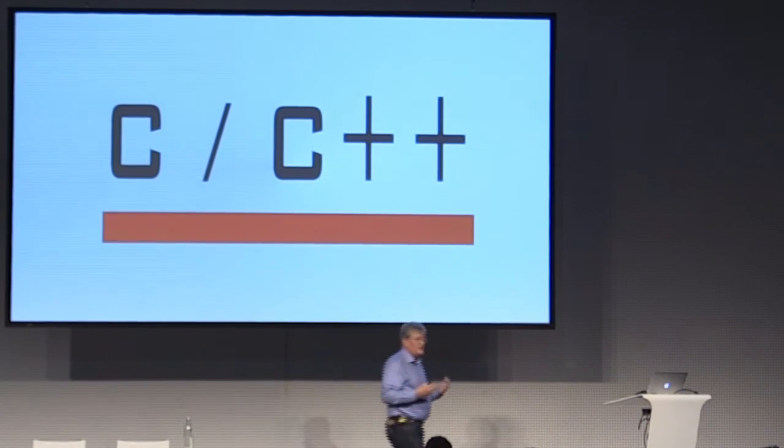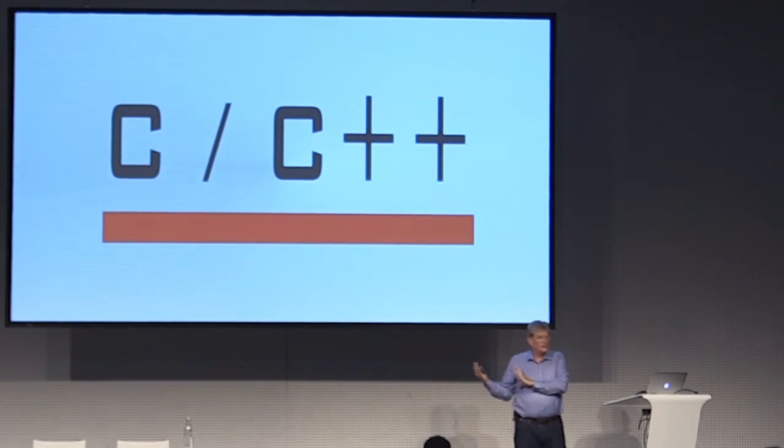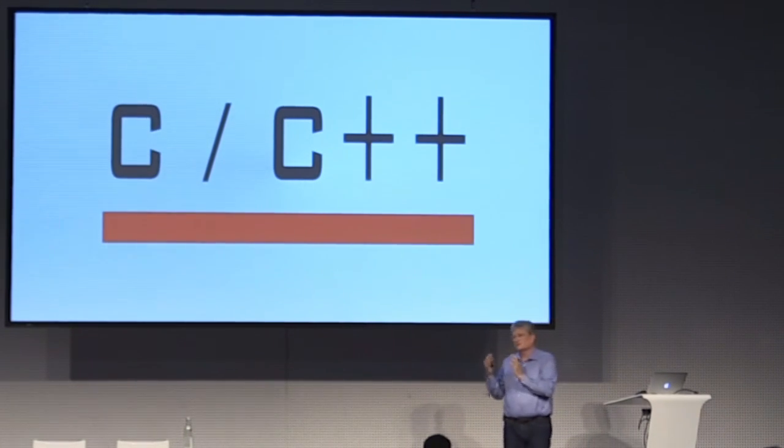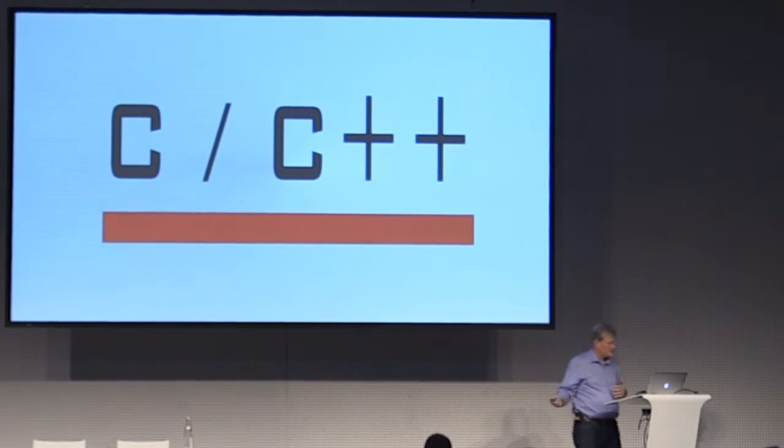So if you want the theoretically pure language, you probably don't want to be working in C++. If you want a practical language that's going to get you somewhere with a proven track record, that's what attracts people to C++.